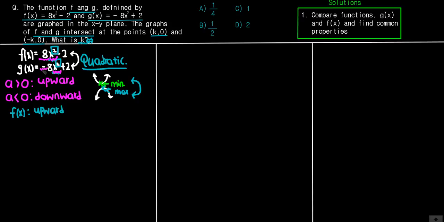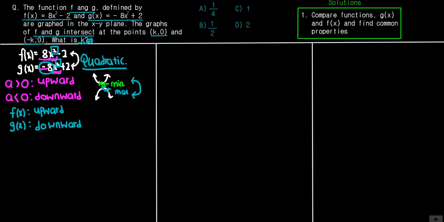In the opposite way, g of x has negative 8, so it goes downward. We can write that the graph of g of x will go downward. That covers the basic function properties.